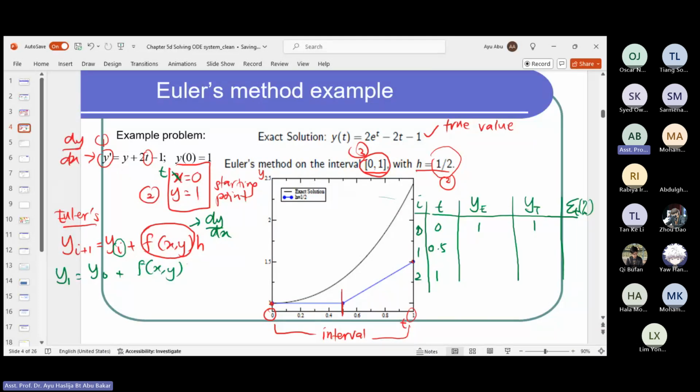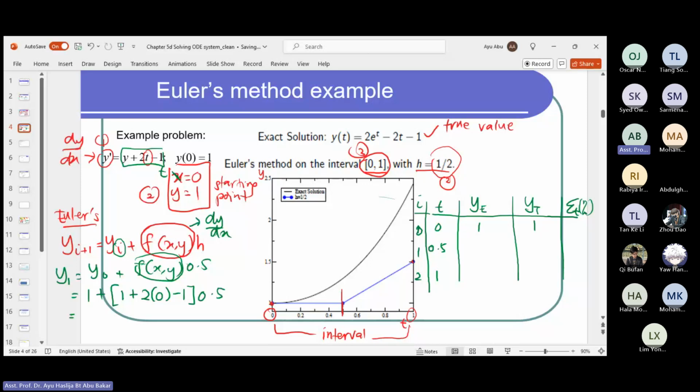Your h is 0.5. So y0 is the previous value, which is 1, plus, you substitute the value here: the previous y, 1, plus 2, 3, the previous value. We want to find the current value, so we use the previous value. Minus 1. Multiply 0.5.